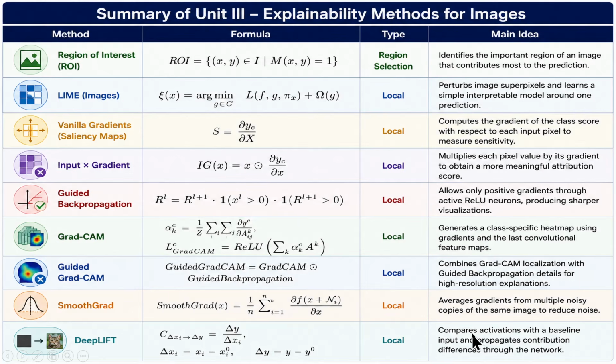And finally DeepLIFT compares activations with the baseline input. You give a baseline image, and then you check how much each feature is contributing, and it propagates the contribution difference through the network. These are the formulas. Please remember the formulas. That's it.